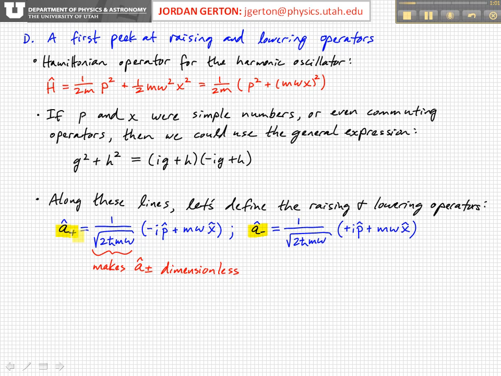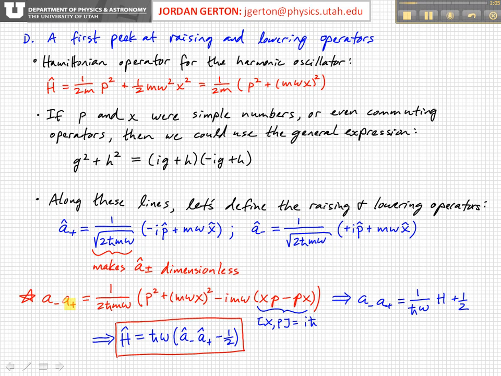Okay, and so now let's take the product of these two operators, or let's look at A minus A plus. If we do this math, we have these two prefactors multiplied by each other, so we get it squared, and then we get plus ip times minus ip, which is p squared. We get m omega x squared, and now you have to do the cross terms.